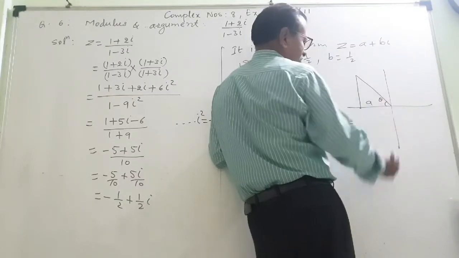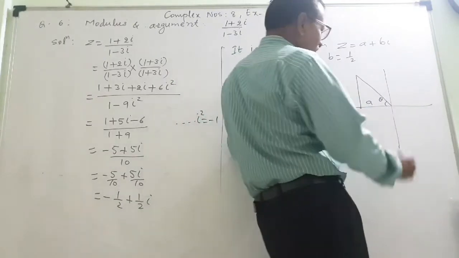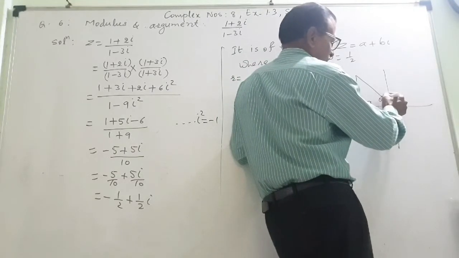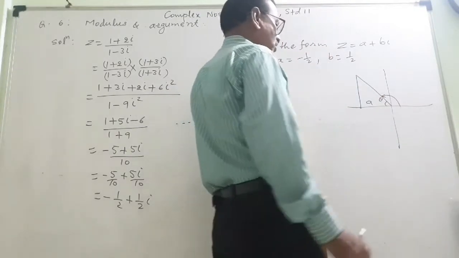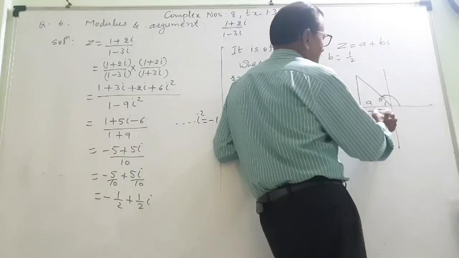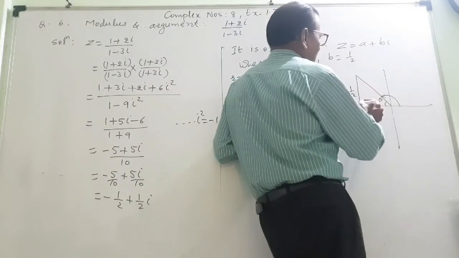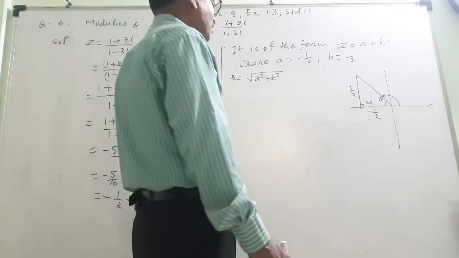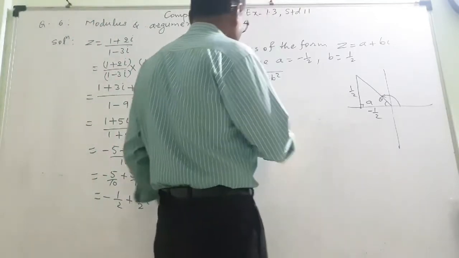This is your theta. Actually this theta is not this, actually this theta is this. So a is equal to minus half, b is equal to half. And now just see it: theta is equal to how much? That you have to find.